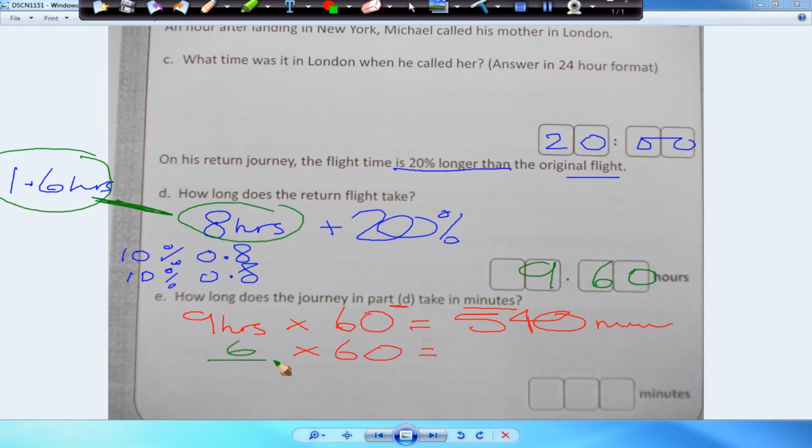Now 6 tenths in this calculation is better than 0.6, because we can now cancel. 10 divided by 10 is 1, 60 divided by 10 is 6. So 6 times by 6 is 36. So 0.6 of an hour works out to be 36 minutes.